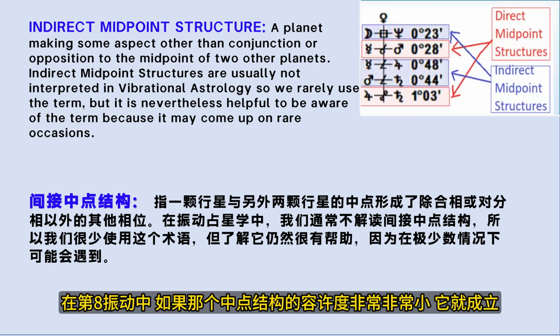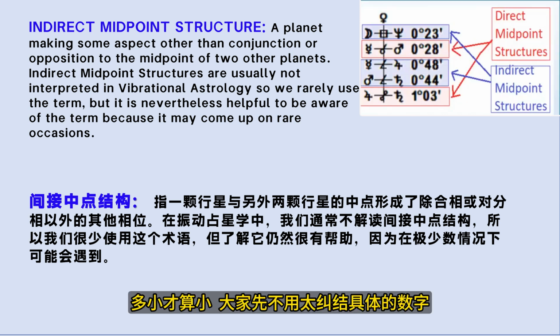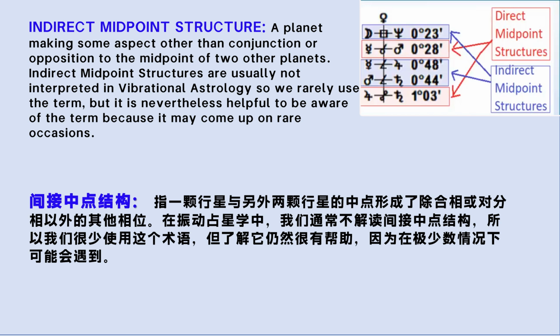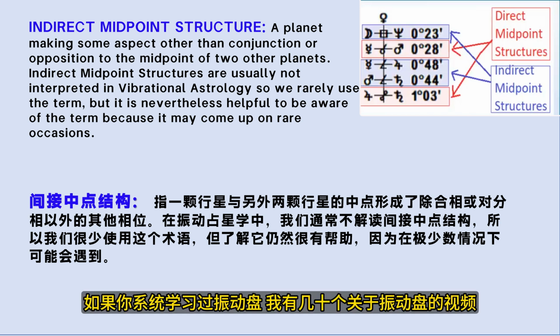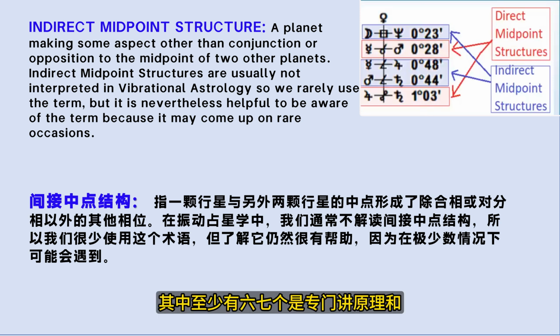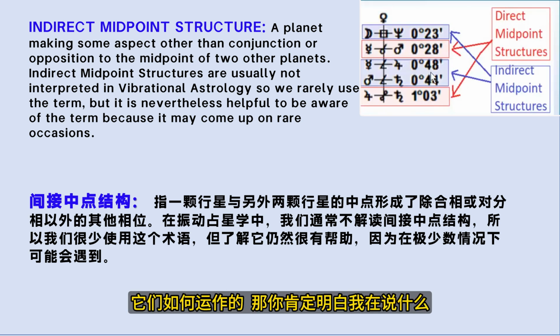You will see the Venus at the Mercury-Jupiter midpoint in the 8 vibration chart if the orb is very, very small. How small? We don't need to be too concerned about that. If you've studied the vibrational charts, and I have got dozens of videos on vibrational charts, and at least a half a dozen on the essence of what they are and how they work, then you know what I'm referring to.